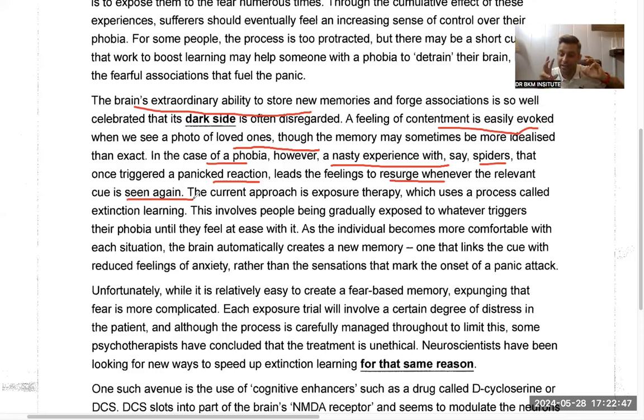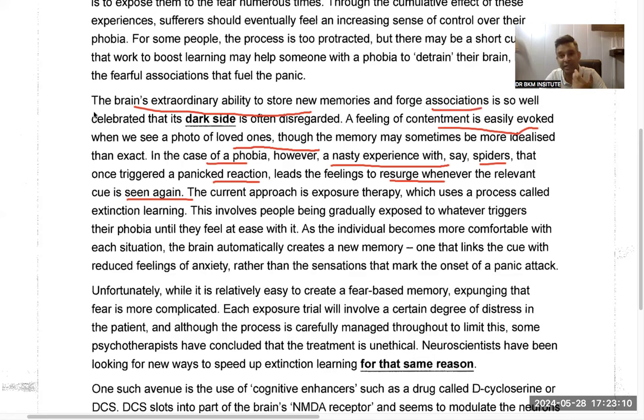In the same way, there is a dark side of the brain. If something makes you panic, then even the small cue of it. Cue means even if you see the clue of it, like if you see the spider again, you will get scared. So that is the bad thing about the brain, that it often remembers everything, and also it forges associations.